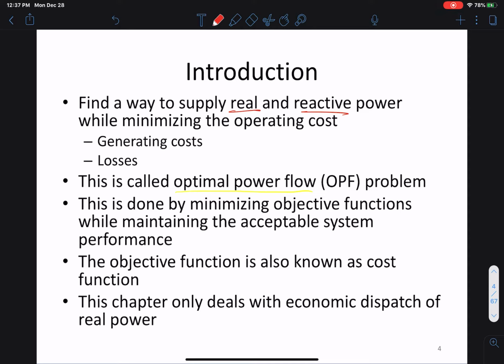That means your power system cannot generate unlimited power. Also, it has to have a minimum power generation to make the cost, right? So there's a limit. What is the minimum? What is the maximum? We're going to include the maximum and minimum generation of the power plant into the equations only for real power. We're not going to consider any reactive power, and we're not going to include the losses into the equations.